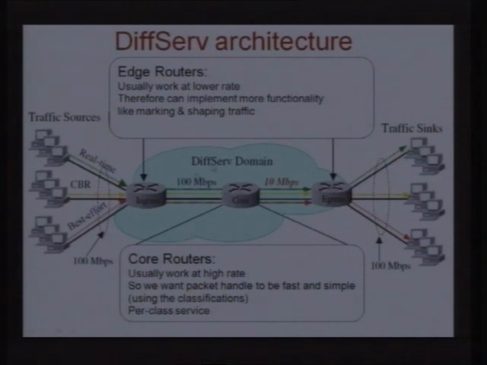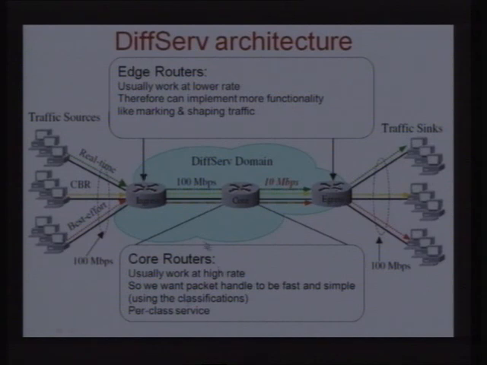In this diagram the Diffserv architecture is shown, which indicates that there is an ingress router, there is an egress router, there is a core, and there are different types of applications coming and going to different resources. The edge routers, the ingress or boundary routers, usually work at a lower rate, so we can have more functionality here, and we do the classification, marking and shaping at these edge routers.